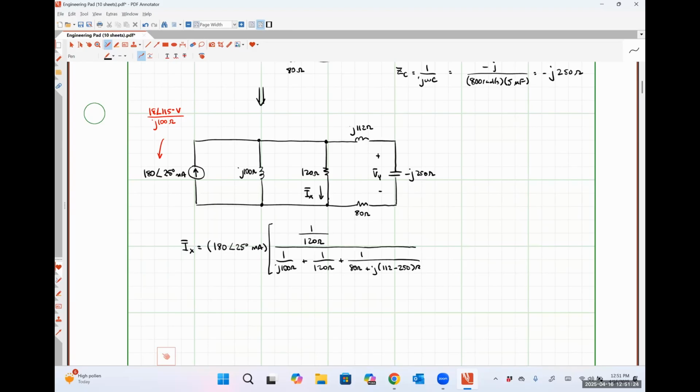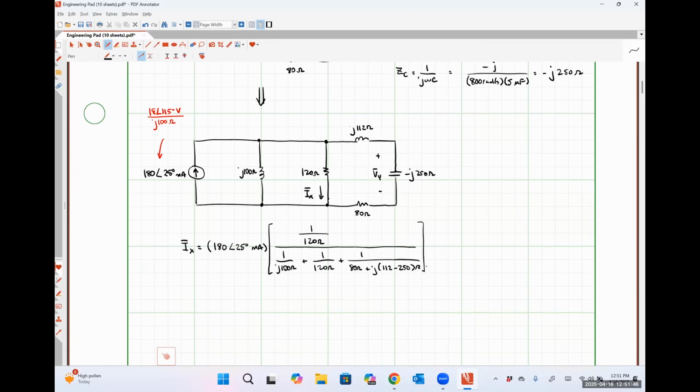So that last term is all three of those. So that's the j112 ohm impedance from the inductor, the minus j250 ohm impedance from the capacitor, and that 80 ohm impedance from the resistor, all put together and treated like a single impedance for that branch.